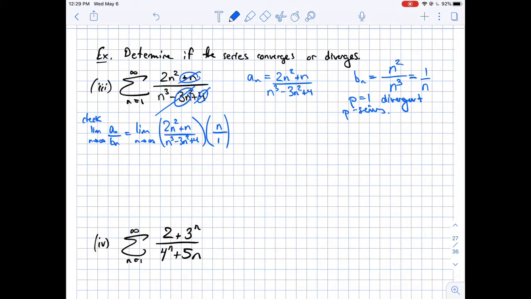And now you could, again, look at this, and using the shortcut that we've talked about, you could know that this limit is going to be just 2 divided by 1, okay, because here I have degree 3 in the numerator, degree 3 in the denominator, and so the ratio of the coefficients will be 2 divided by 1.